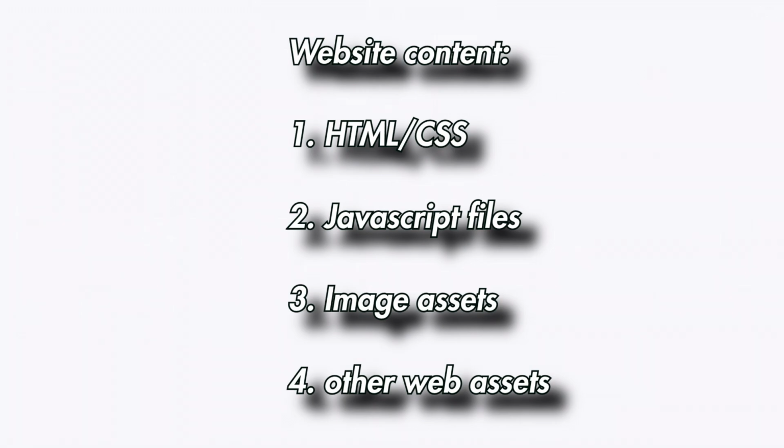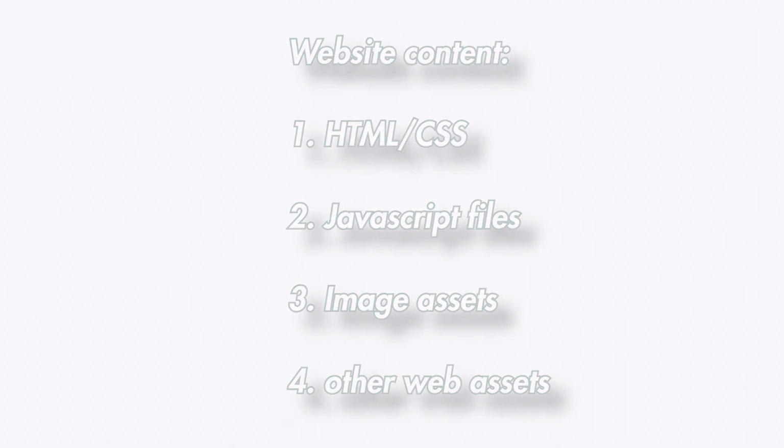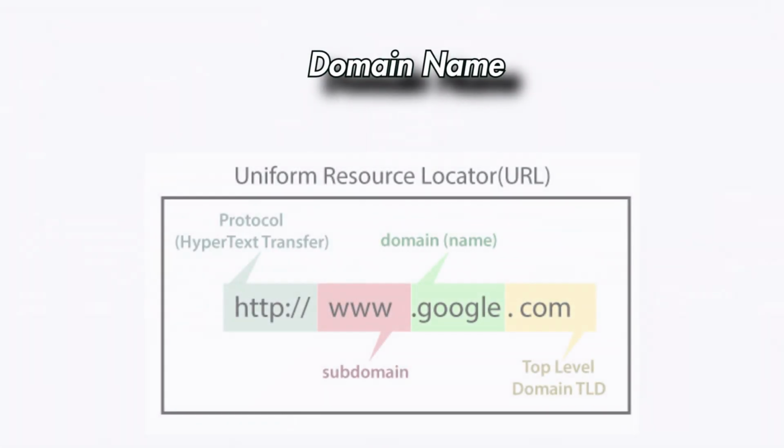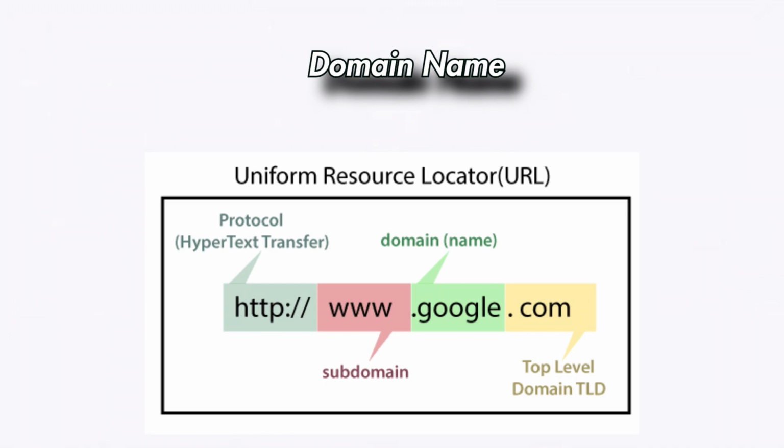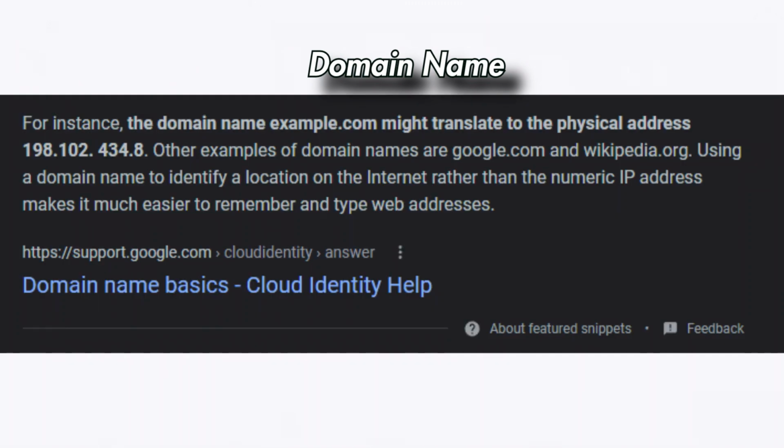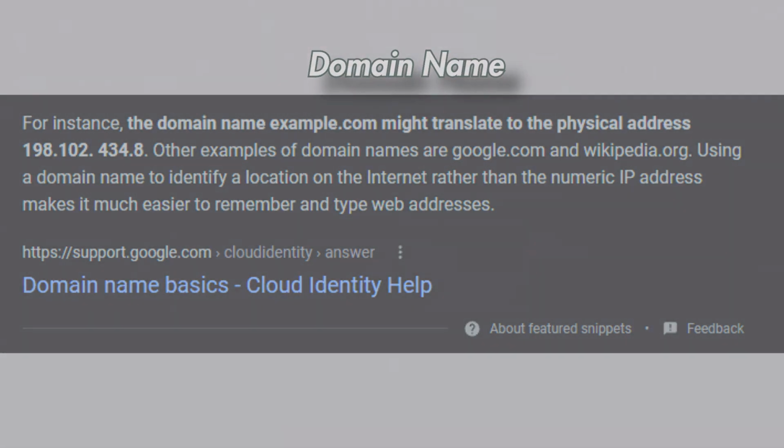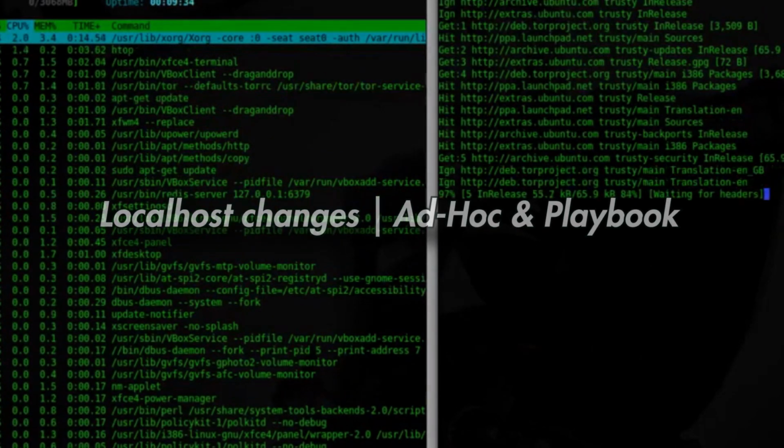Website content. This is the content of the website itself, such as an HTML file, images, and other assets. Domain name. This is the human-readable name that is associated with the web server's IP address. When you type a domain into your web browser, it is translated into the IP address of the web server that hosts the website.